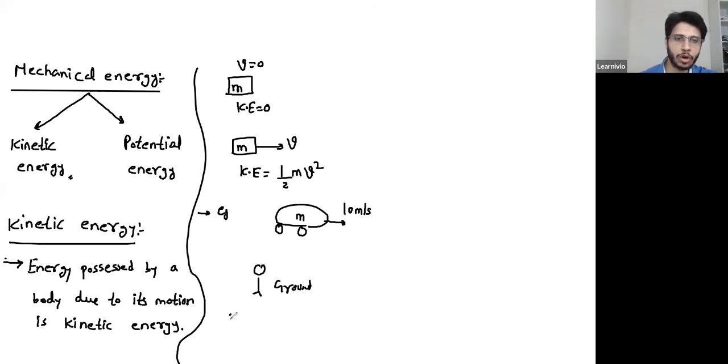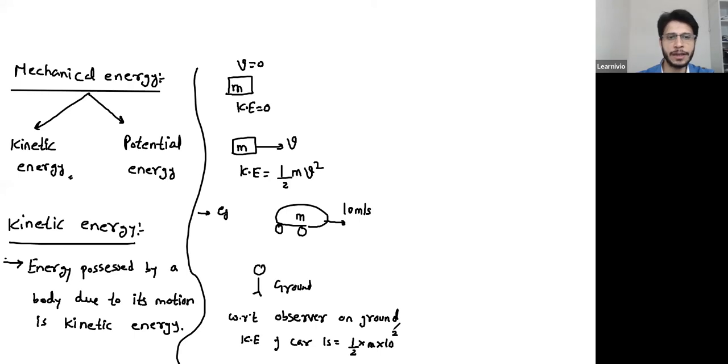So with respect to the observer on ground, kinetic energy of the car is half mass of car into velocity of car squared. If the same observer, this is the car moving with a velocity of 10 meter per second, mass of the car is m.